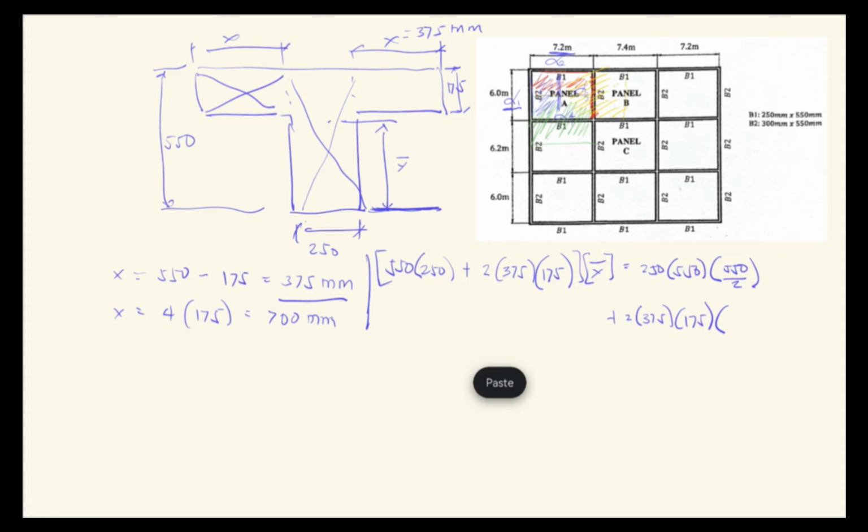So these are those cross sections in which the distance of the centroid of the smaller cross section with reference to the bottom reference would be 550 minus half of 175. So we'll get y bar is equal to 366.57.